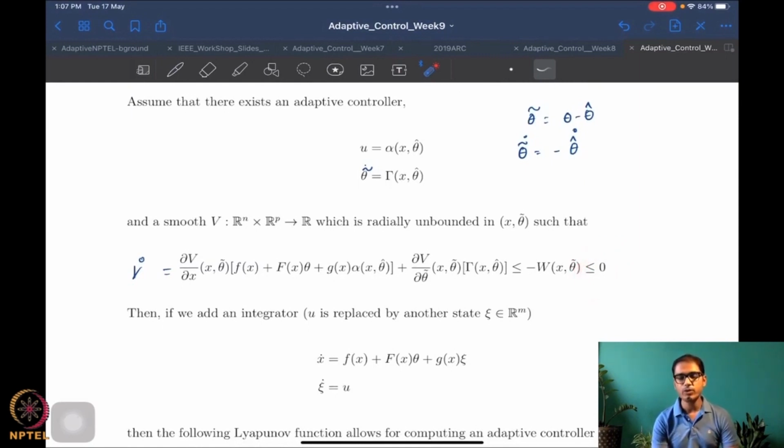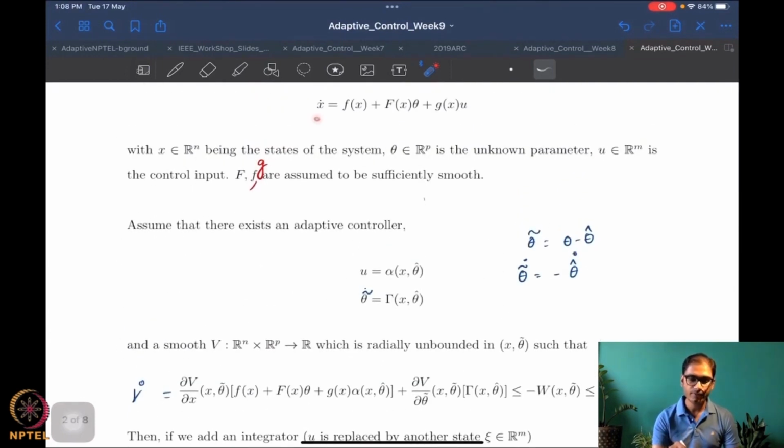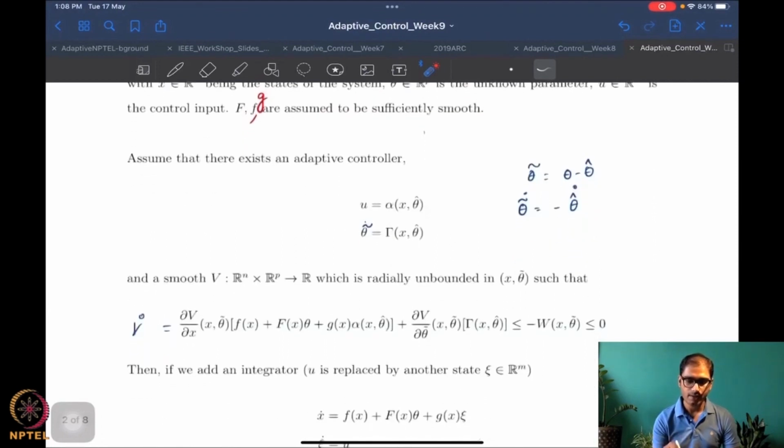So this is the assumption. We start with this kind of system, and we have an adaptive controller and a corresponding V such that V dot turns out to be less than or equal to a negative semi-definite function. That's the idea.